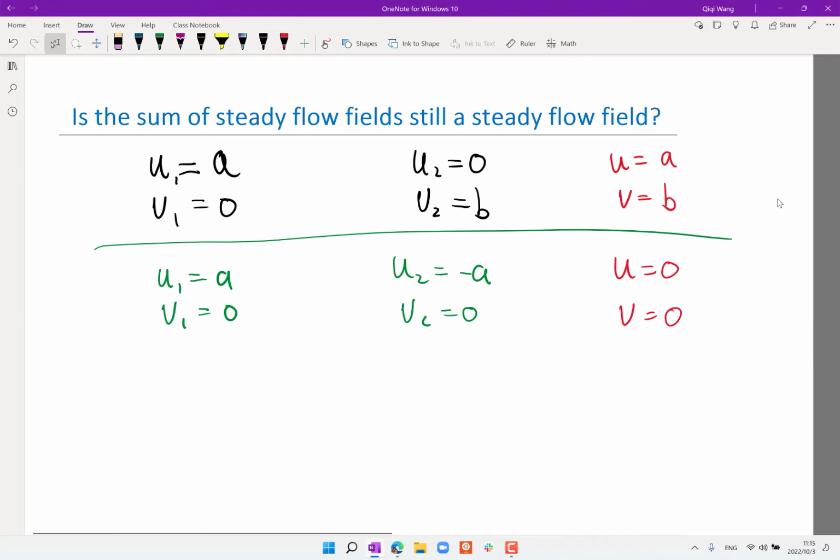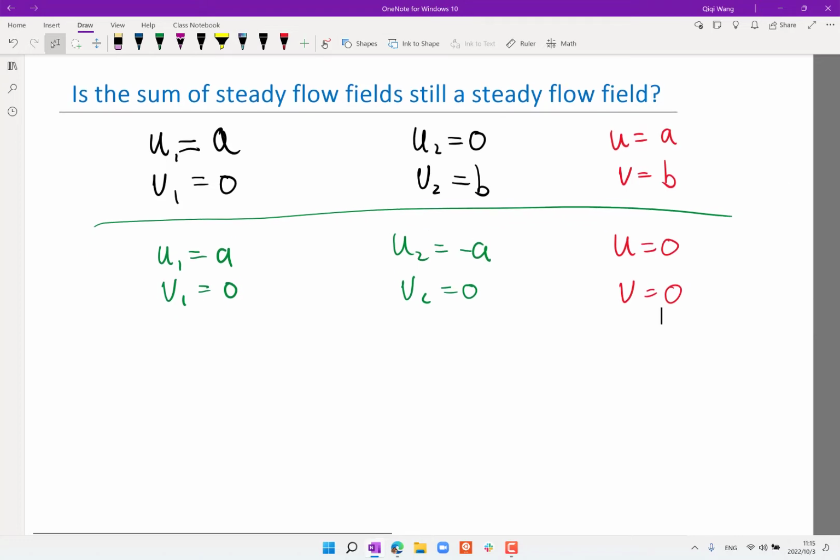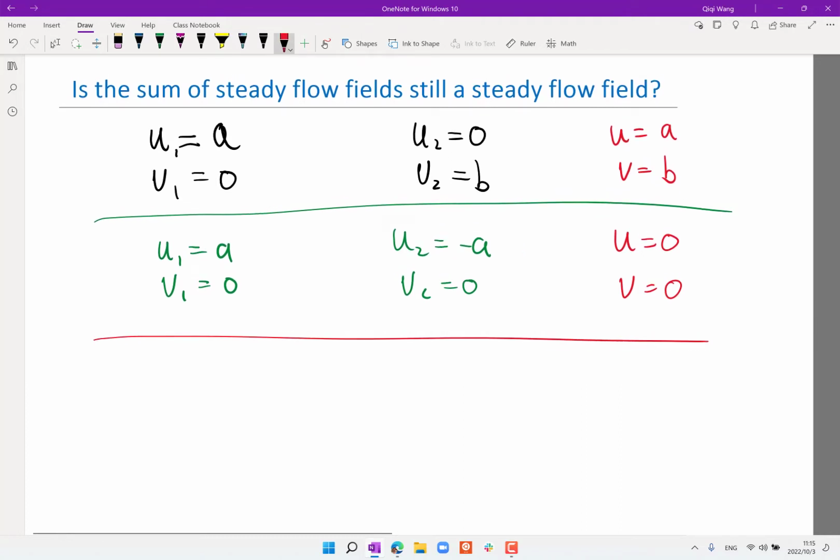Now, are the conservation of mass, momentum, and energy equations linear equations or not linear equations? Yes or no? Well, let me just remind you what the conservation of mass equation is. For steady state flow fields, we just get rid of the partial t term.